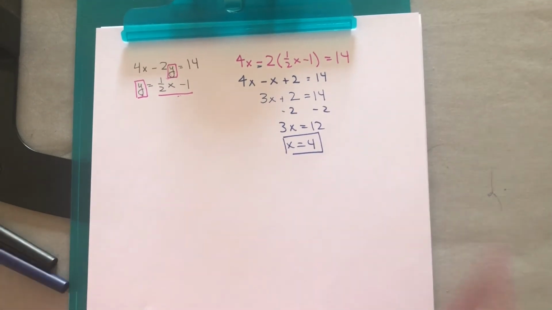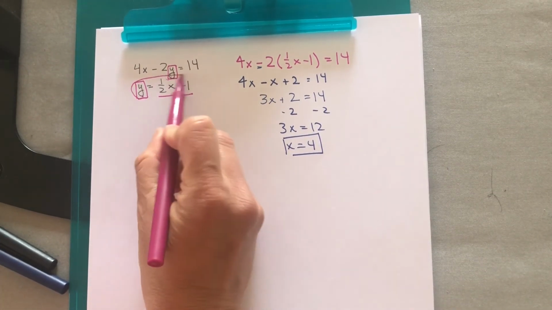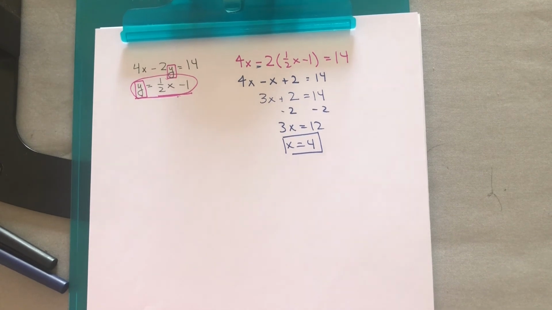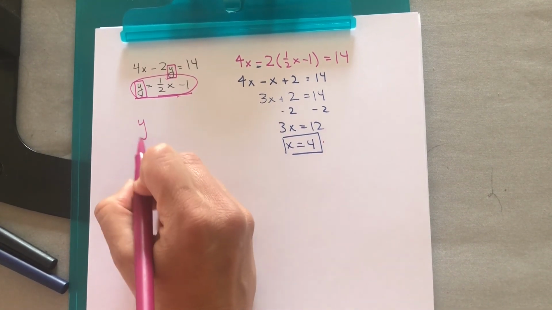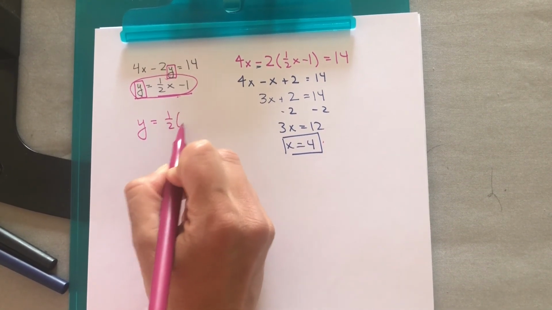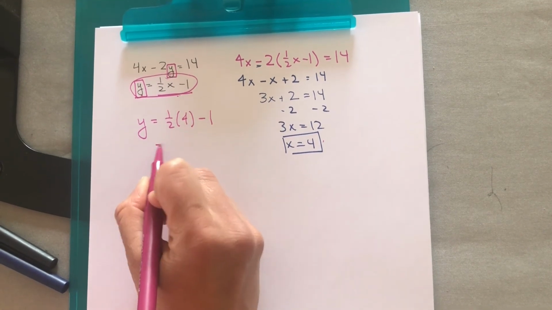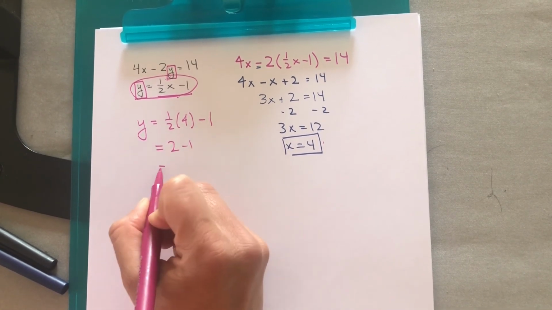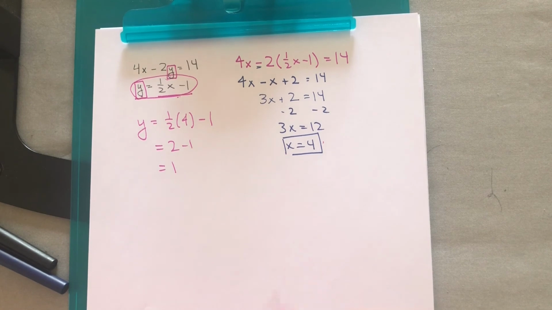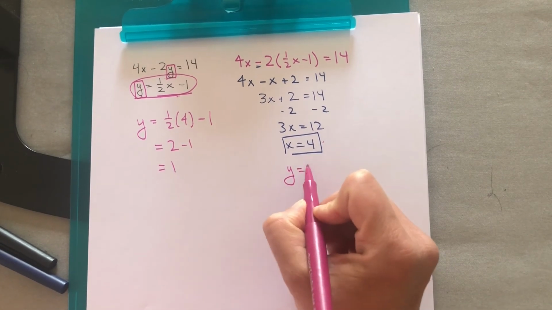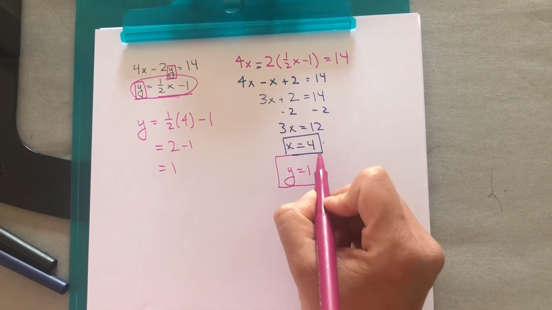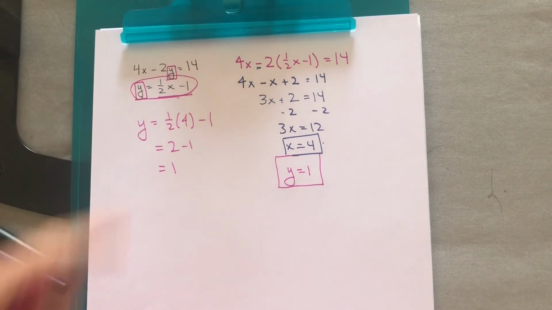So let's take this equation here and use the x of 4 to solve for y. So y should equal 1/2 of 4 minus 1, which is equal to 1. So I think x equals 4 and y equals 1 for this system.